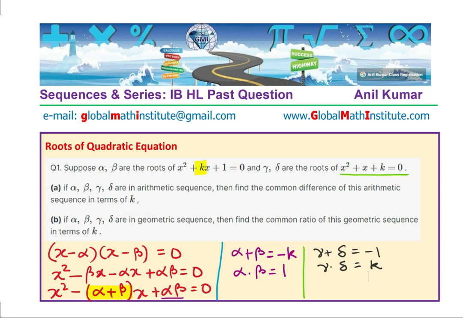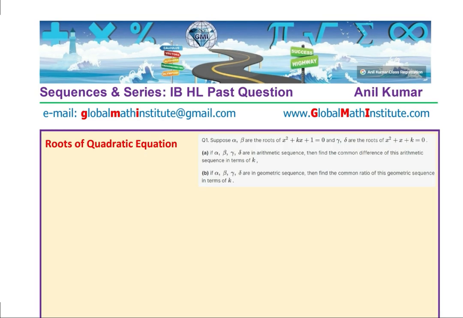So let's look into their solutions now. Let's have a good look at part A, where we are given the equations x squared plus kx plus 1 equals 0. The sum of roots alpha plus beta is equal to minus k.